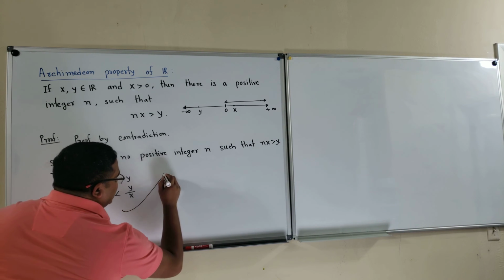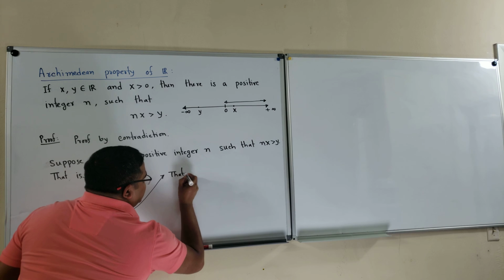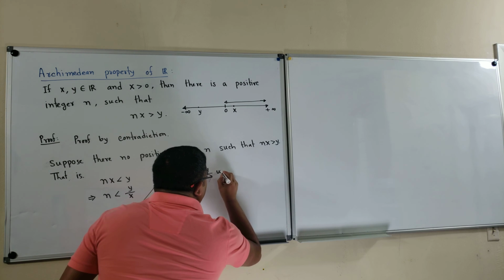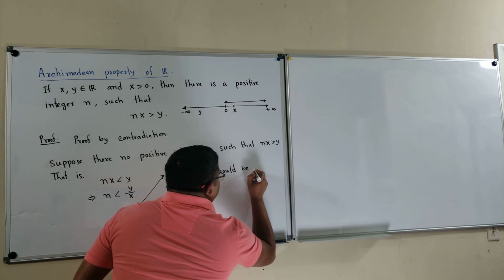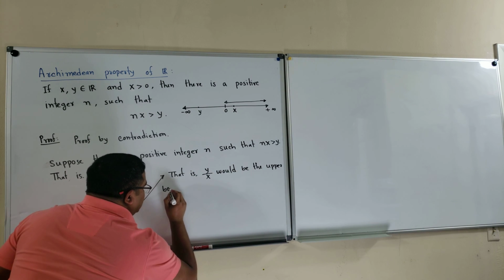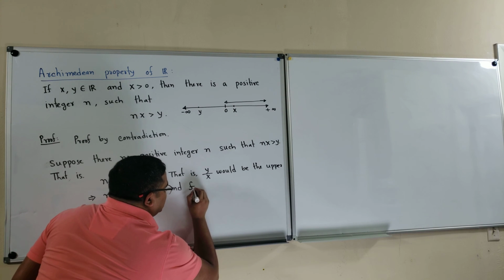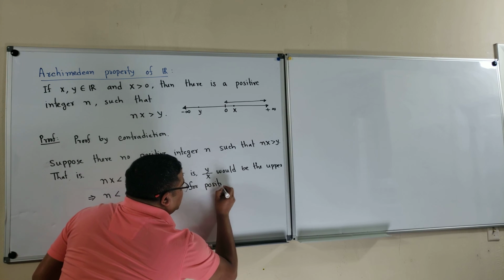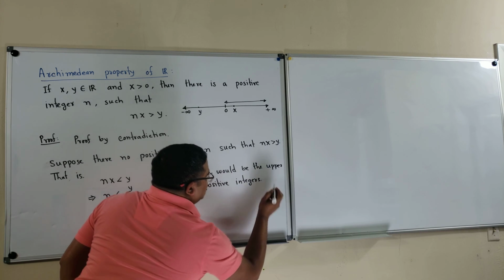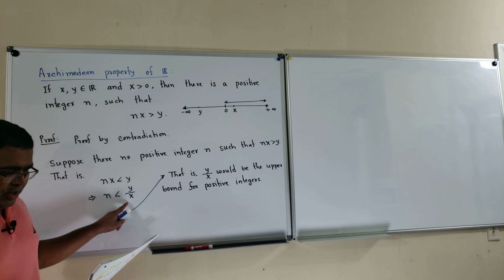This means that y over x would be an upper bound for the positive integers.